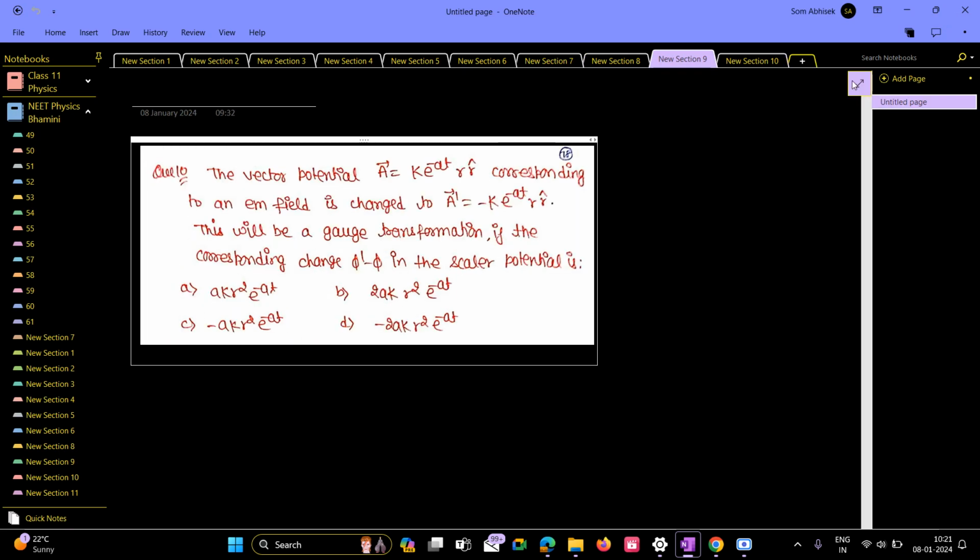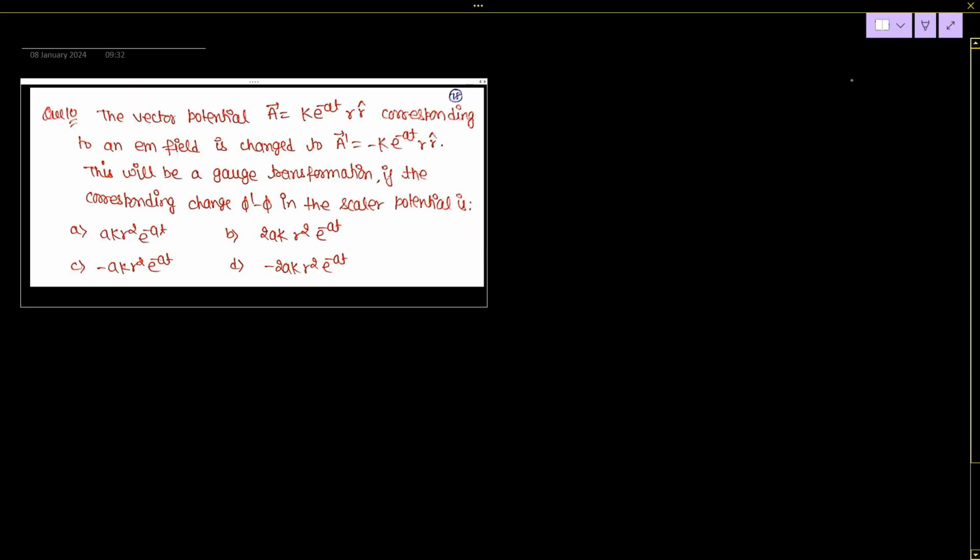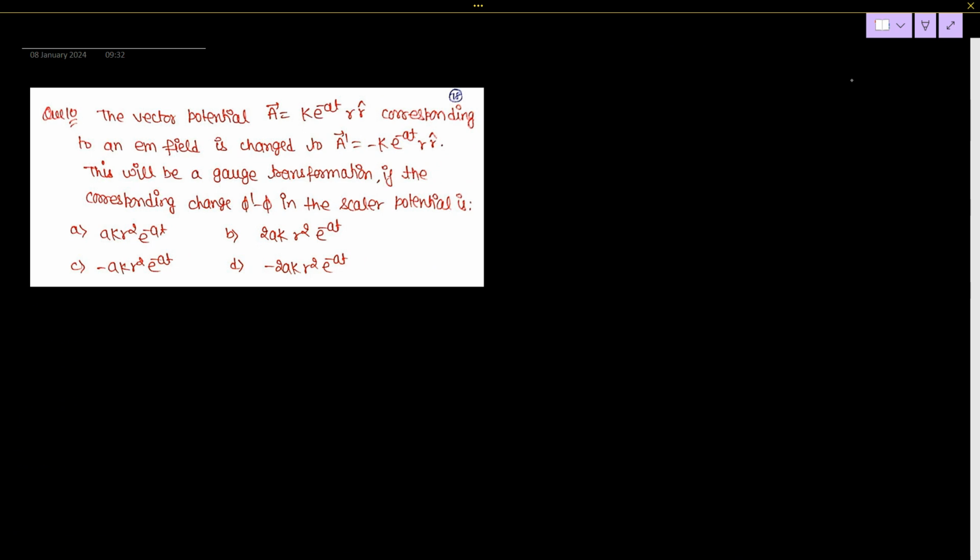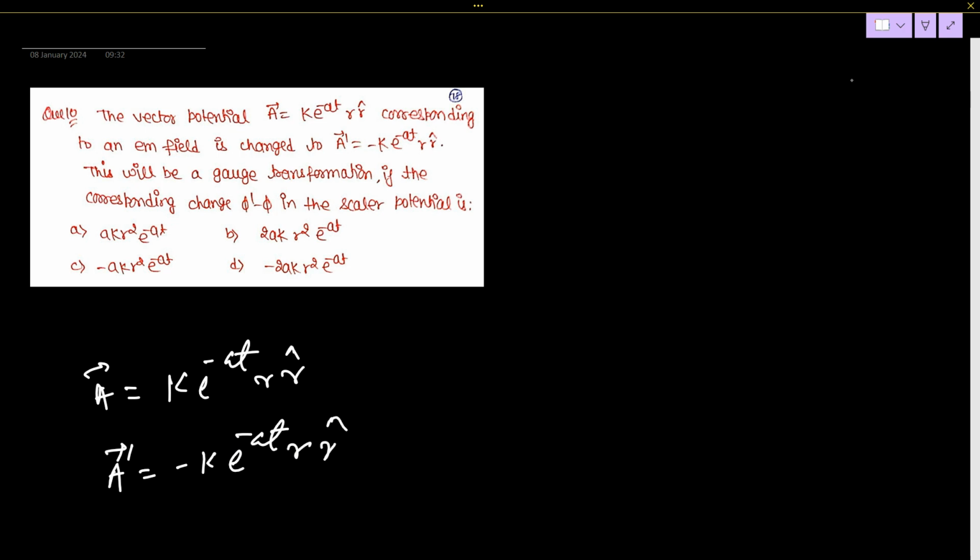Question number 9. Vector potential. The vector potential is given as k e to the power minus a t r cap, and for an electromagnetic field it is changed to a dash, minus k e to the power minus a t r cap. Oh, sorry. Yeah, just the minus is changing there.